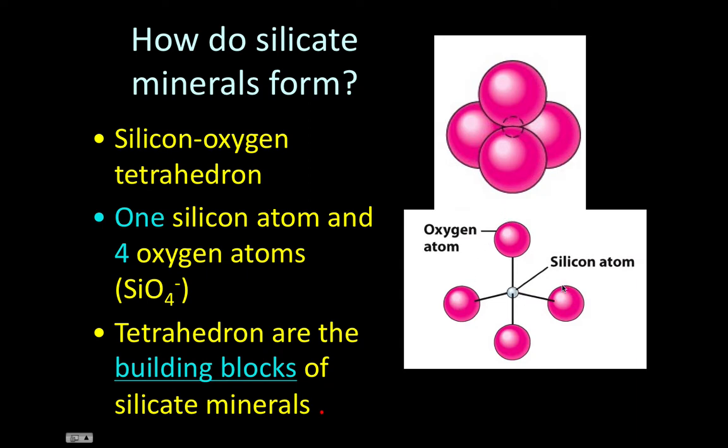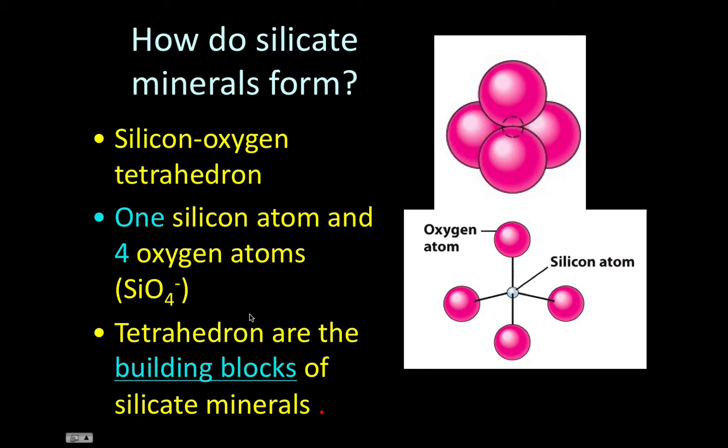The 4 oxygen atoms come together, sit very nicely, touching each other, and there's just a tiny little space in the middle where silicon can rest. This is an expanded view of this compacted structure. So a silicon-oxygen tetrahedron is 1 silicon atom and 4 oxygen atoms. You could write its chemical formula as SiO4. And these tetrahedra are the building blocks of the silicate minerals.